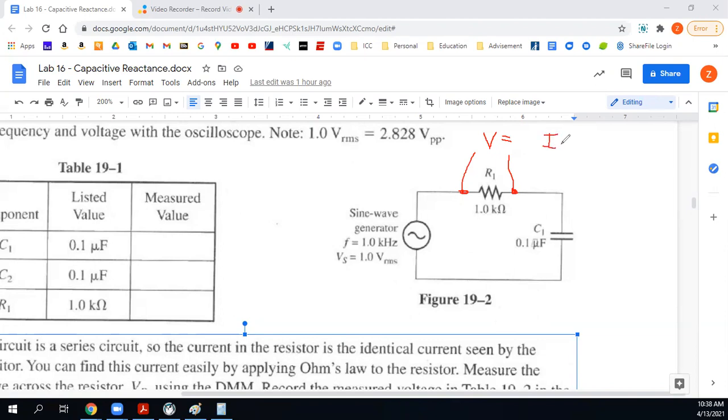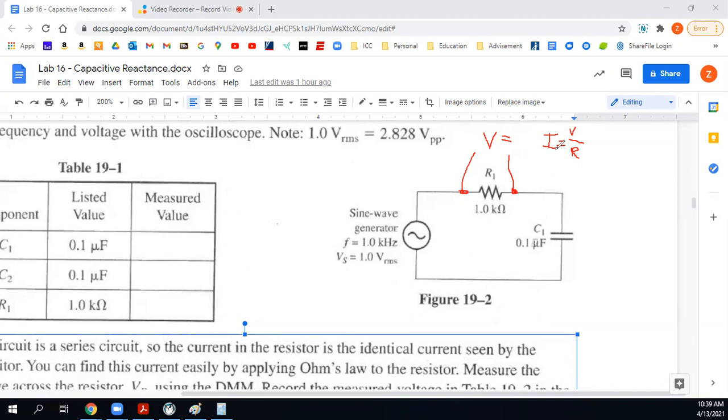I is going to be the measured voltage divided by the resistance value, which you had in your table. So mine was like 990 some ohms, right? You want to use your measured value. That's going to give you the most precise value of the current going through that resistor.